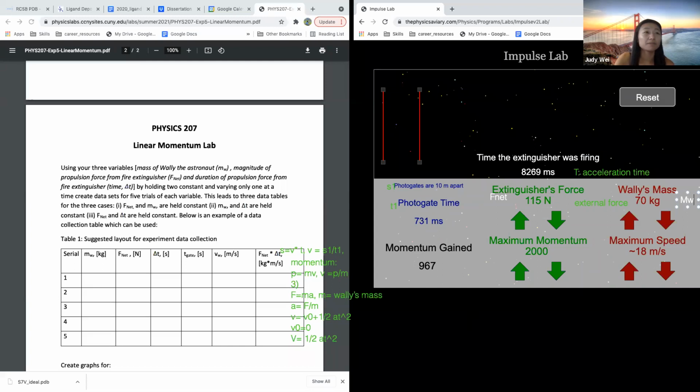And the fire extinguisher time, this is delta T, the extinguisher firing time, the acceleration time. Okay, this is all the information we need.